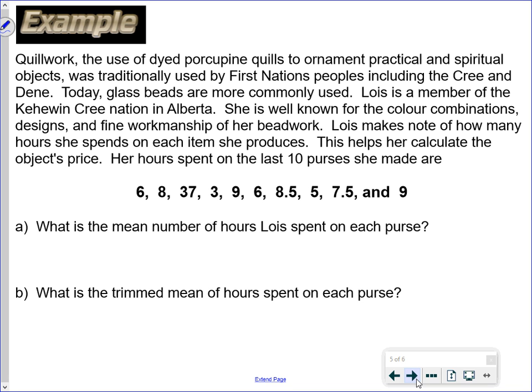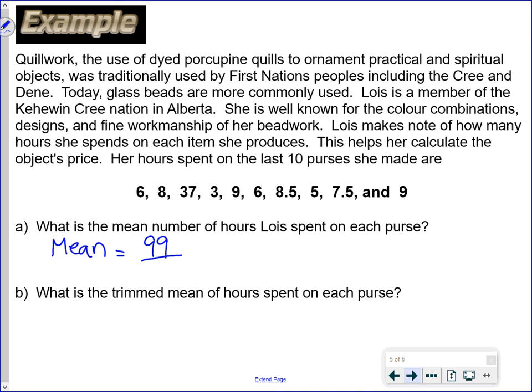So just the regular mean, we include all of the data points. So when we add all 10 of these values together, we get 99.